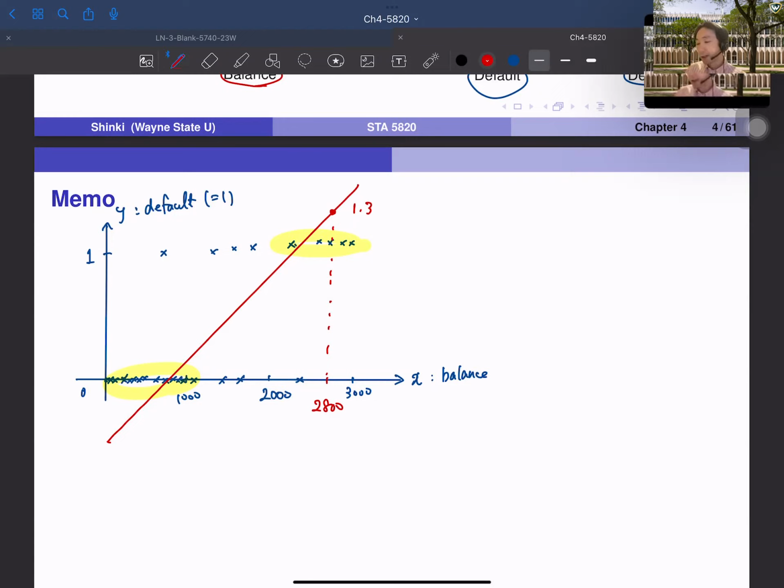So linear regression does not really work. Also, if we see the error distribution, it's far from normal, and it does not even have mean 0. If the predicted value is 1.3, it implies the error size, I mean residual size, is either negative 0.3 or negative 1.3.